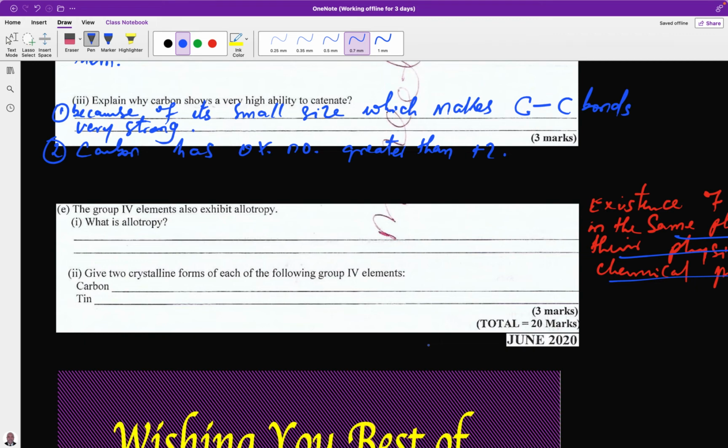Even though there is fullerene in carbon, in a crystalline form carbon will exist only as diamond and graphite.